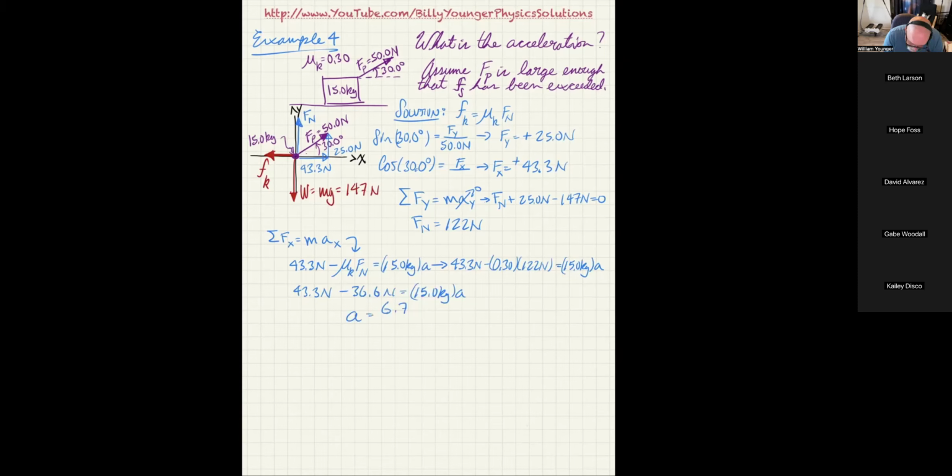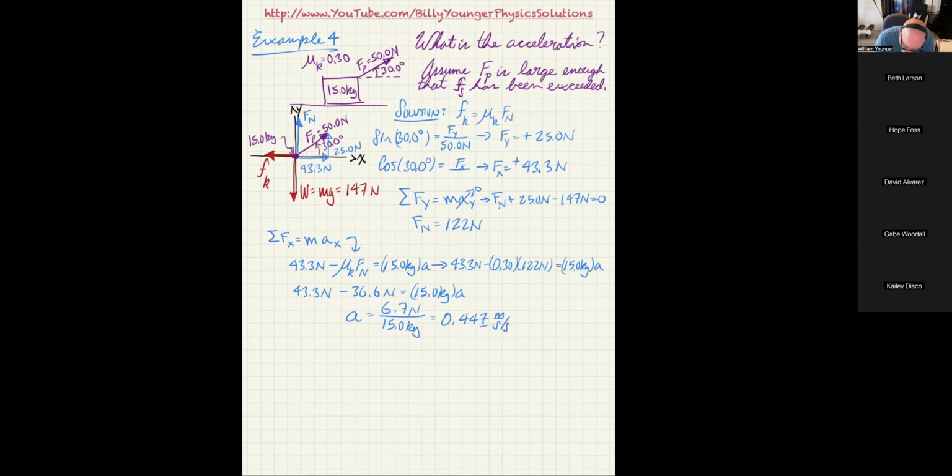And that's really all the sig figs we get from that. That's 6.7 newtons divided by 15.0 kilograms. And when I divide that by 15, I get 0.447 meters per second every second.